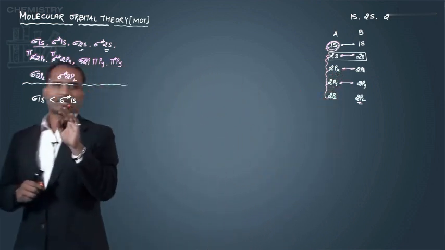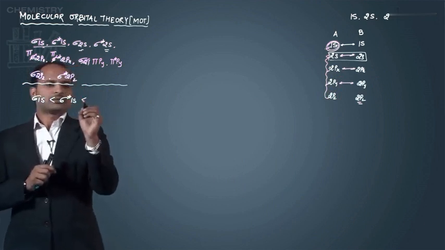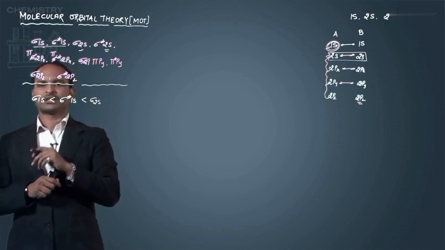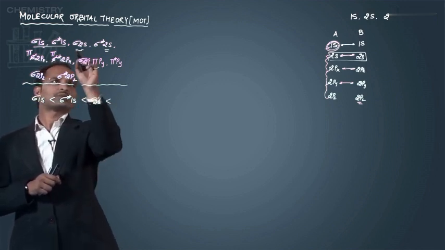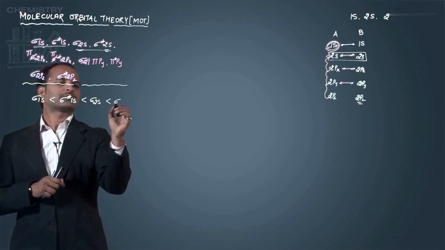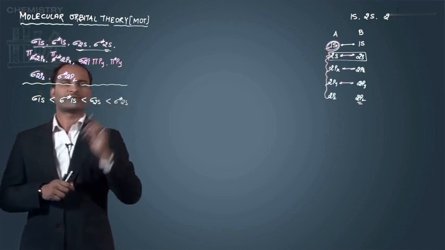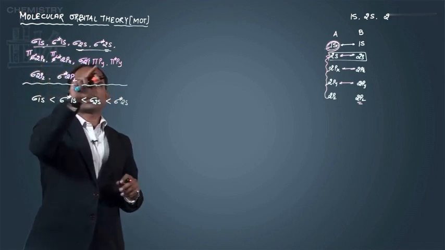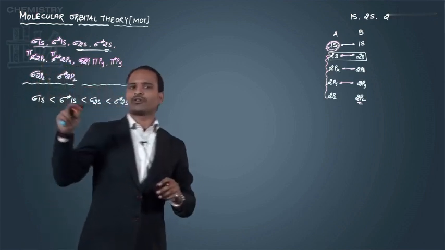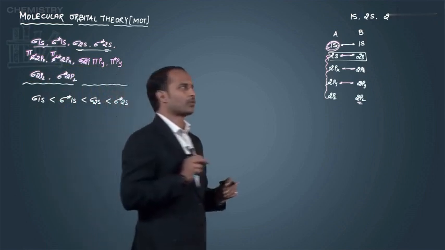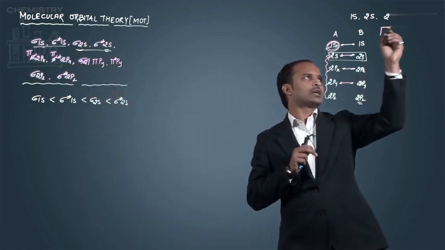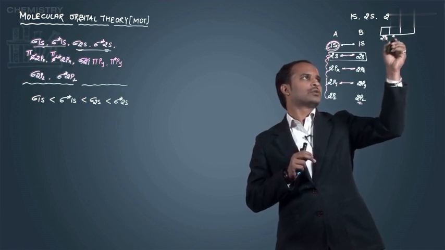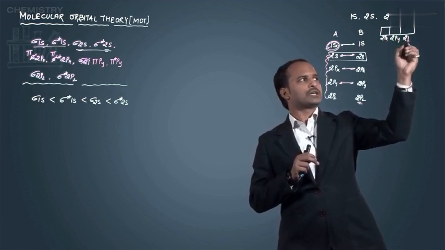So sigma 2s will have higher energy compared to sigma 1s and sigma star 1s, and of sigma 2s and sigma star 2s, sigma 2s will have the low energy and sigma star 2s will have high energy. After that, we have 6 molecular orbitals, and all these 6 molecular orbitals are formed from the 2p orbitals. In 2p, as we all know, we have 3, that is 2px, 2py and 2pz.